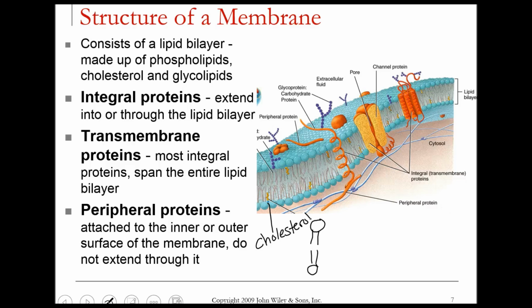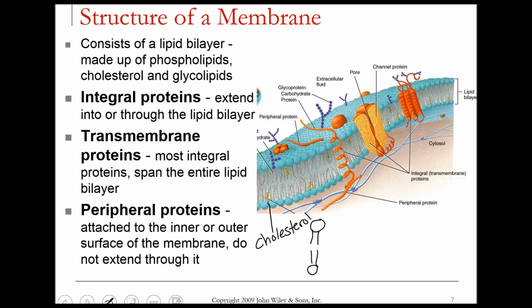The proteins act as the mosaic portion of the fluid mosaic model of the cell membrane. There are proteins that are integral. If it's an integral protein, that means that it is literally a portion of the lipid bilayer. It could either extend halfway into the lipid bilayer, or it could go all the way through the phospholipid bilayer.